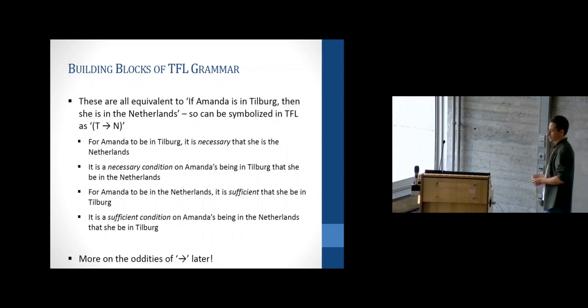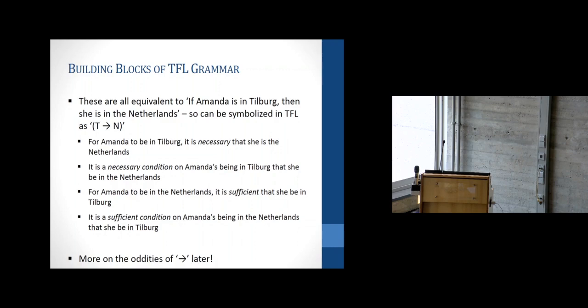And people talk in terms of necessary and sufficient conditions in everyday life and in logic. These terms are quite confusing, so it's worth thinking about them at the moment. If T then N is true, it's also the same as saying, for Amanda to be in Tilburg, it is necessary that she's in the Netherlands. Right?